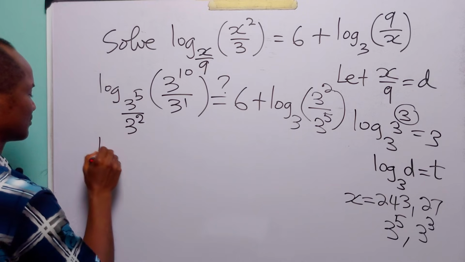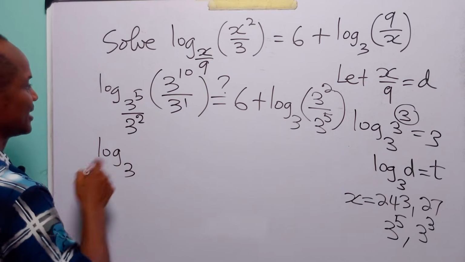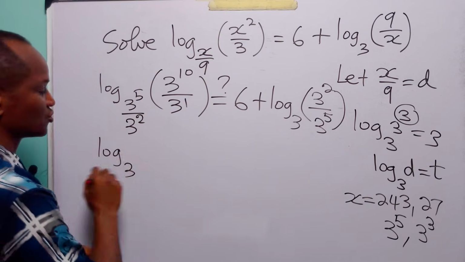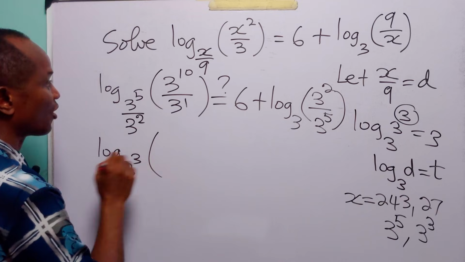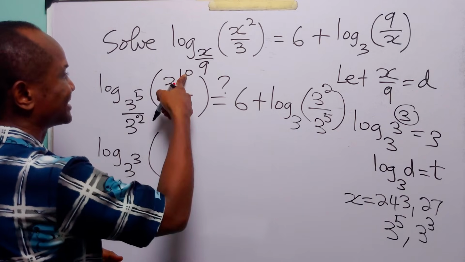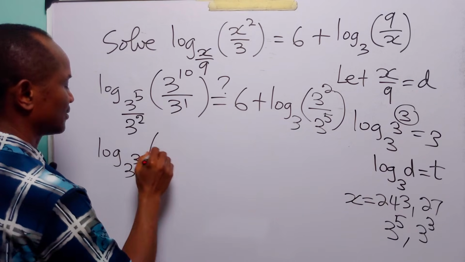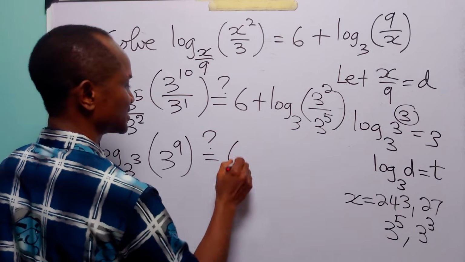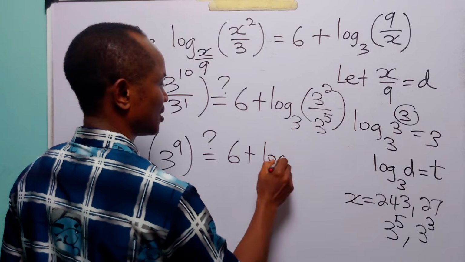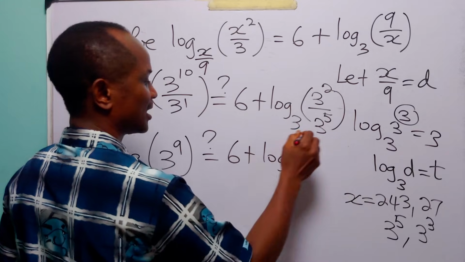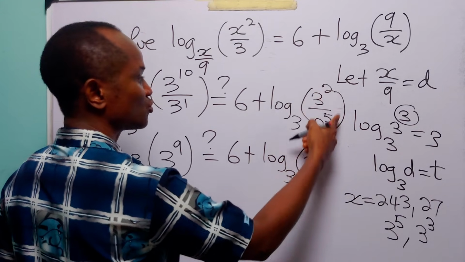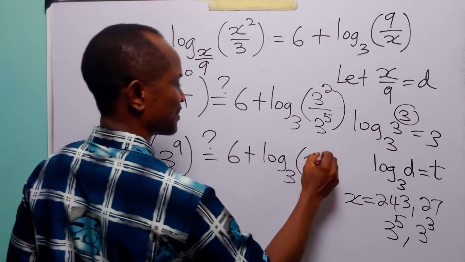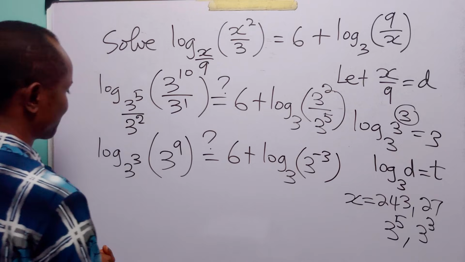So here we have log to base 3 to the power 5 minus 2, which is 3, of 3 to the power 10 minus 1, which is 9. Now, is this equal to 6 plus log to base 3 of 3 to the power 2 minus 5, which is minus 3?